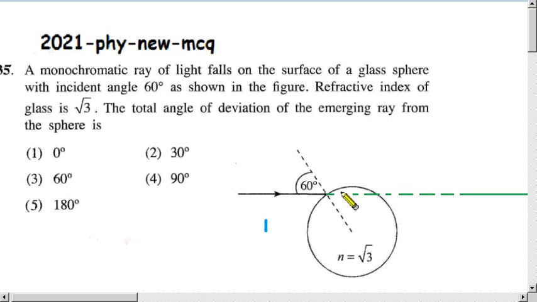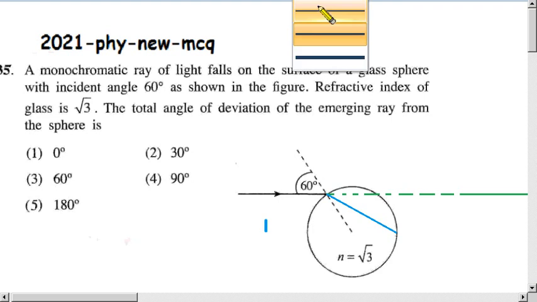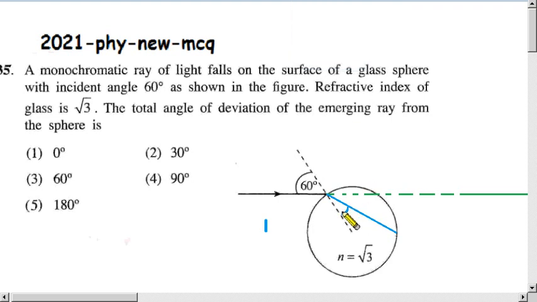So the incident ray now is refracted and bends towards the normal. So this refracted angle is smaller than the incident angle. Therefore we can draw the refracted ray like this. So this angle is the refracted angle, denoted by simple r, and this incident angle is denoted by simple I. So I is equal to 60 degrees.